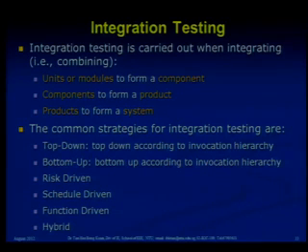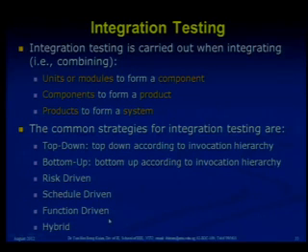Bottom up means the other way around. If A calls B, you test B first, those at the bottom first. That's another approach. Then risk-driven: test the riskier ones first, so that you can sleep better. Schedule-driven: depending on which one we want to implement first, we test it first.